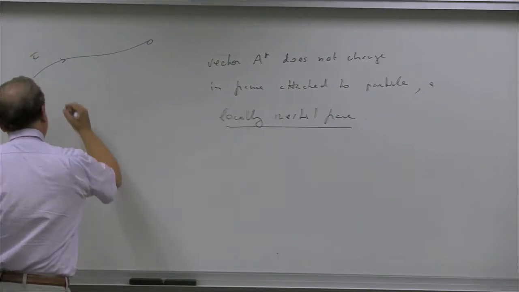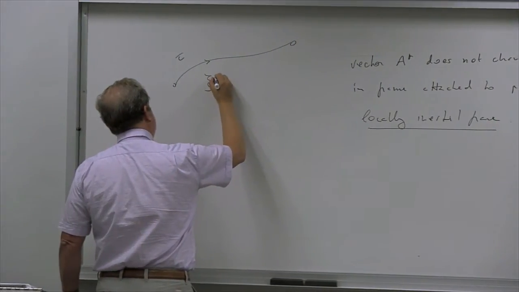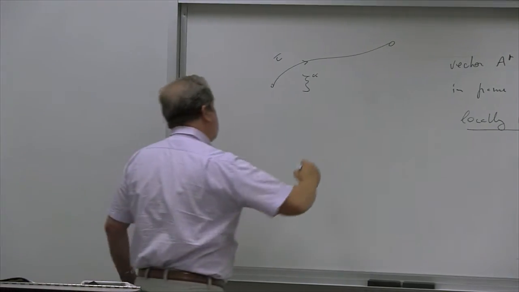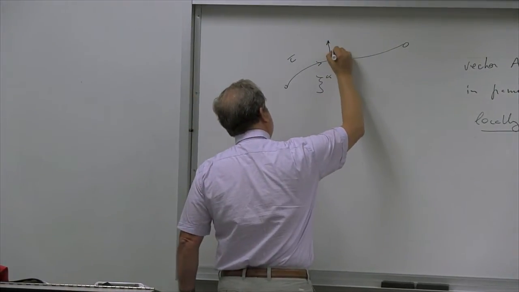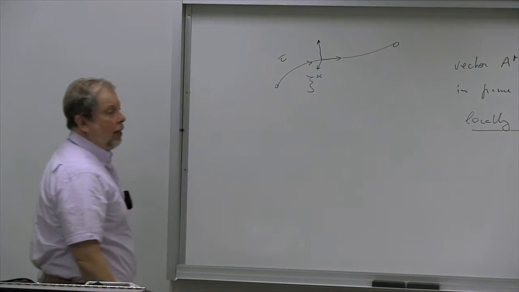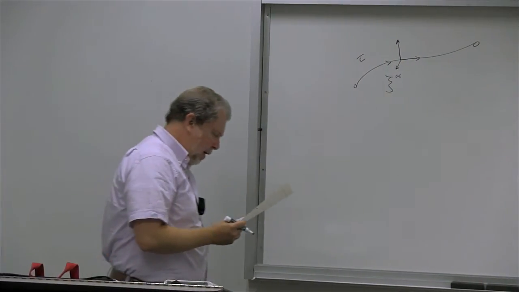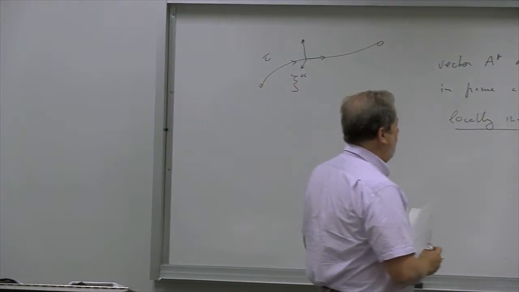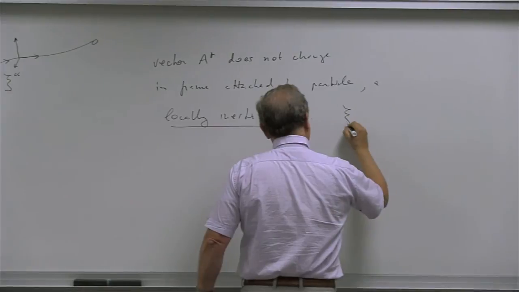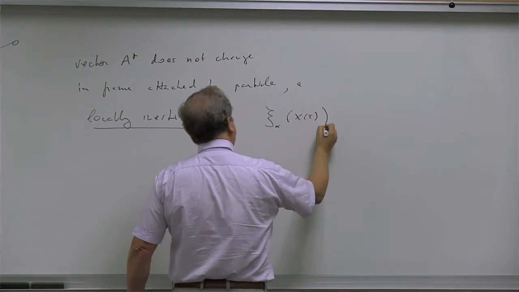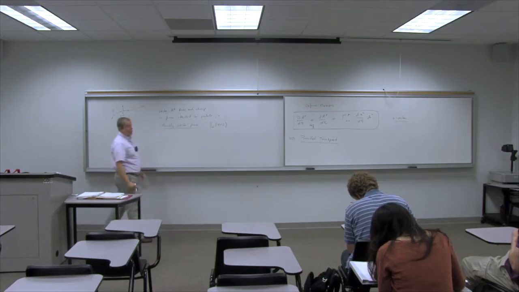So you have a frame that is attached to the particle, and that is a freely falling frame psi alpha. So you can visualize that frame as something that looks like that. So in that freely falling frame, denoted by psi alpha, which depends on x of tau, because it is attached to the path of the particle.